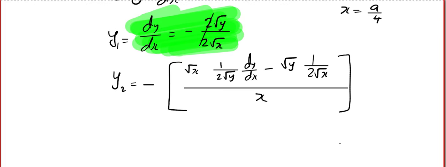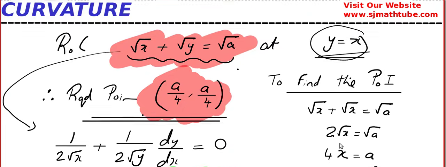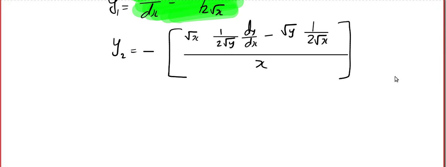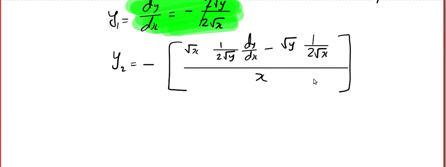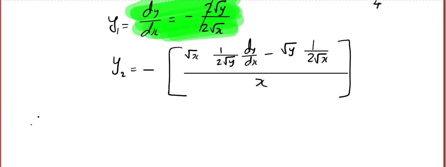Okay, that's it. I told you, whenever they give us a point, it's better not to simplify this. So let's find what is our y1 at the point (a by 4, a by 4). What will be that? Root a by 4 by root a by 4, we are going to get minus 1. Okay, I'm happy. I'll color it in blue.